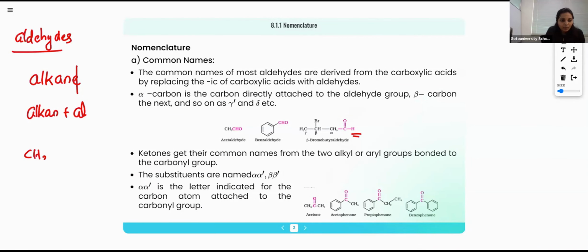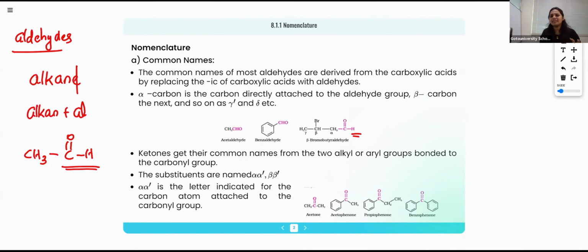I will give you an example. Suppose I am writing a compound CH3CHO. See, this is the aldehyde group, right? Then how will you name this one? How many carbon atoms are there? In case of aldehydes, if you are giving name, we have to count the carbon atom present in the aldehyde group also.